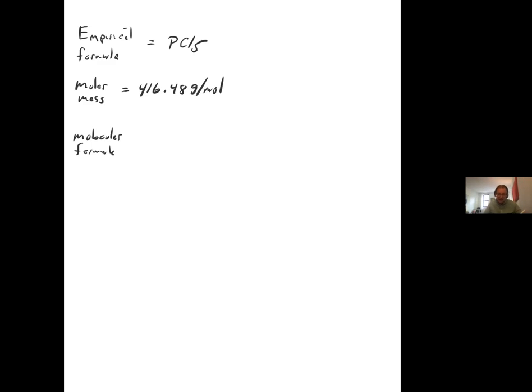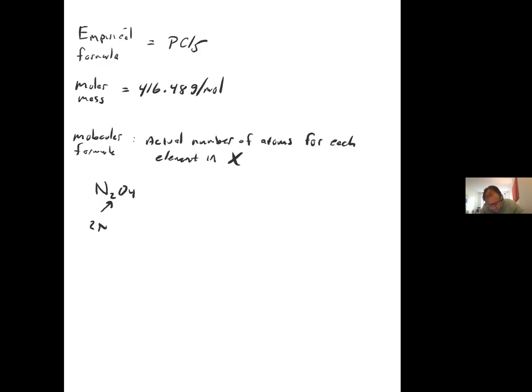Okay, now the molecular formula is the actual number of atoms for each element in the compound. I'll just write X for compound, okay? So let me show you what I mean by that. Suppose I had N2O4. This is 2 nitrogens and 4 oxygens.